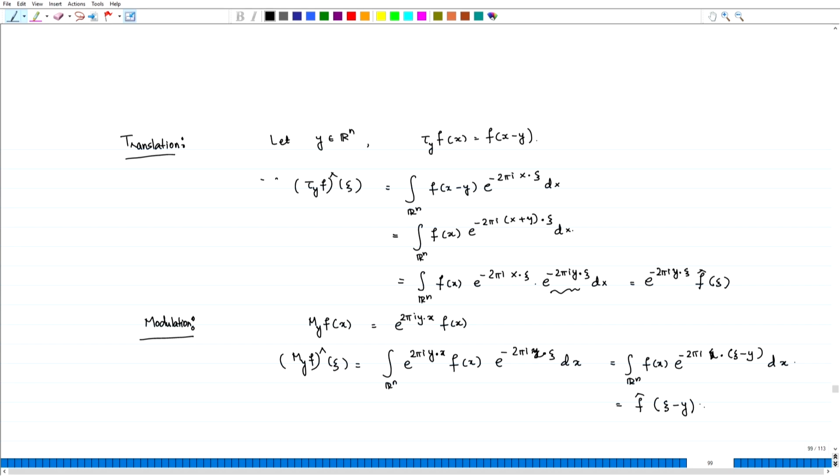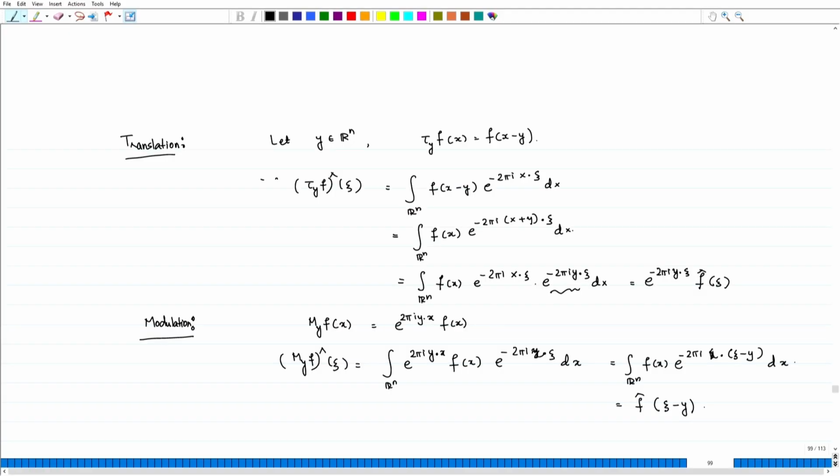So, if we take the translation and then the Fourier transform, we get modulation of f hat. Now, if we take the modulation and then the Fourier transform, the Fourier transform gets translated.